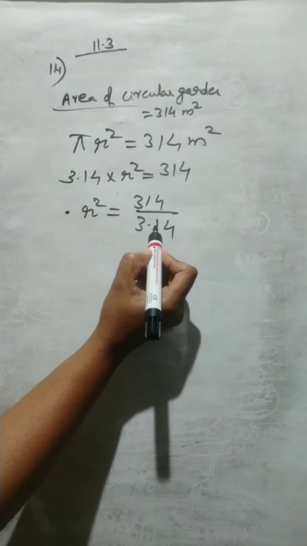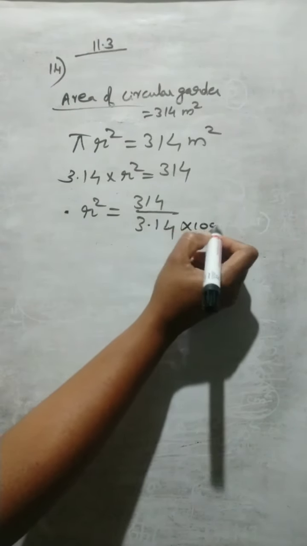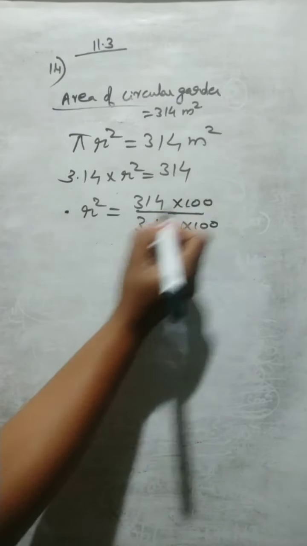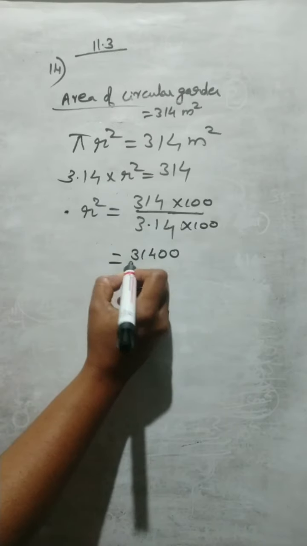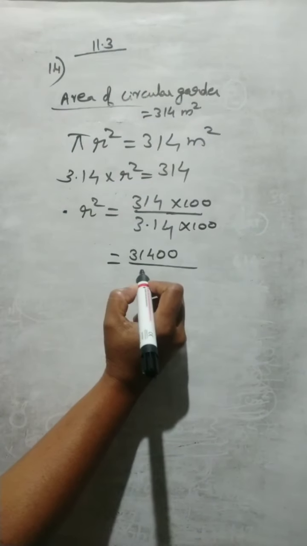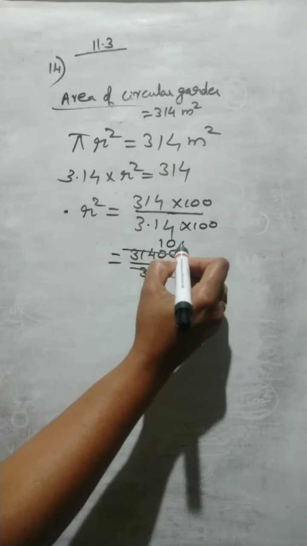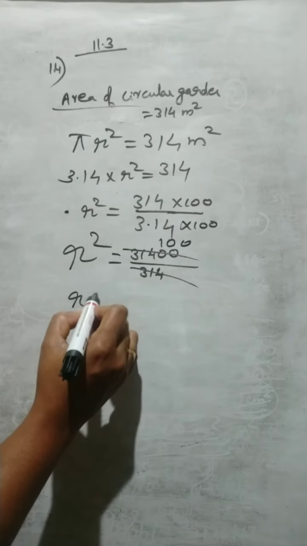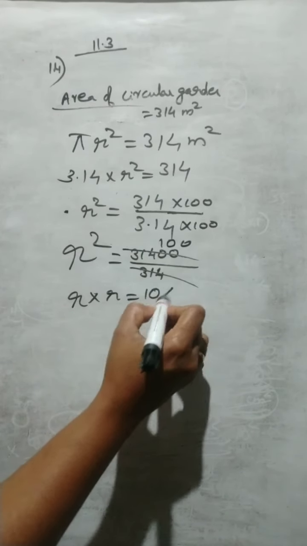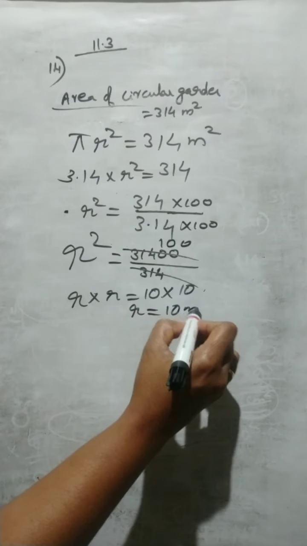Here two digits are there after the decimal point, so we multiply numerator and denominator by 100. Then we can avoid the decimal in the denominator. That is r square is equal to 100. That means r into r is equal to 10 into 10. So, radius of the garden is 10 meter.